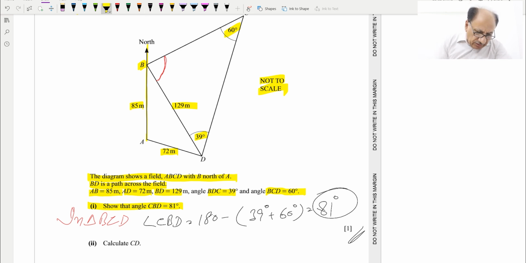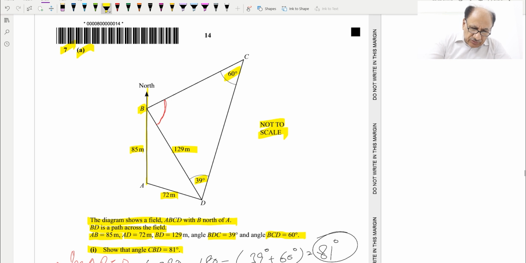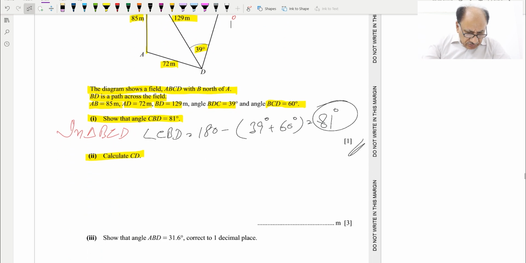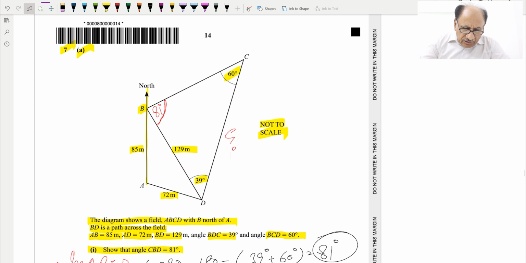Now they are saying calculate CD. So this 81 I will mention first. This one is 81 degrees, and we need to find this side which is CD. So we can use the sine rule in this triangle.